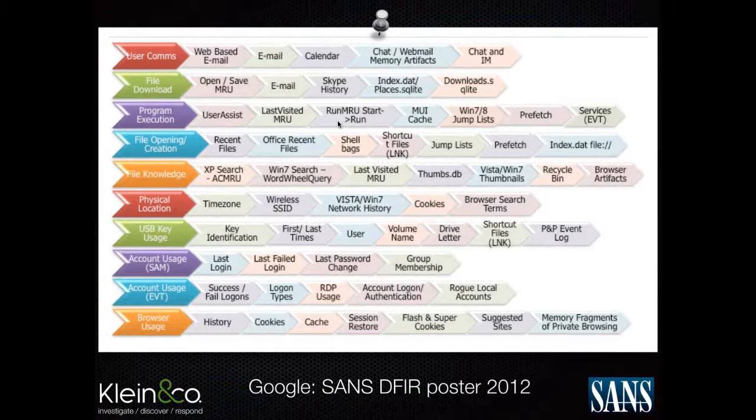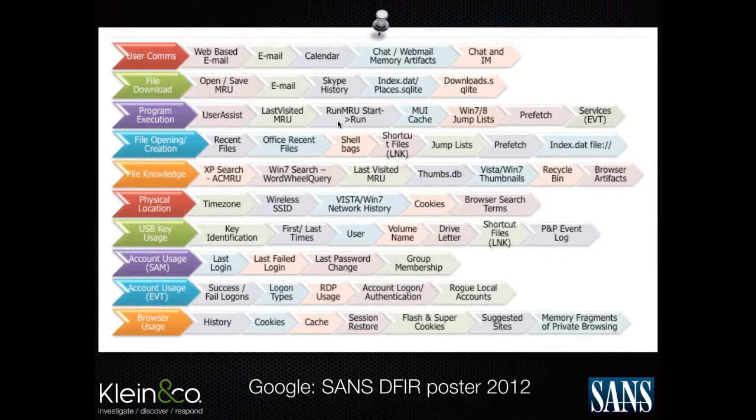This goes through all the groups of artifacts that we teach across a 5-day training course. And this is an incredibly useful diagram. In fact, if you're not familiar with it, this exists as a poster. Down the bottom there, the URL was really long, so I thought I'd just give you a Google string.